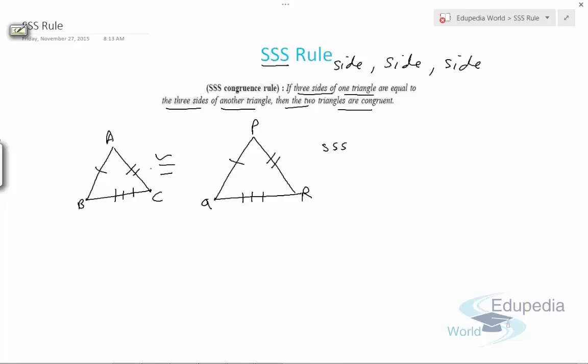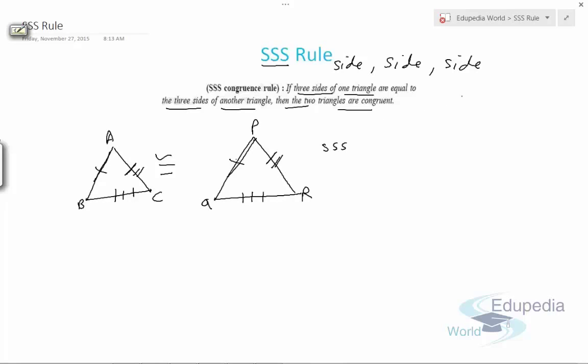The three corresponding sides of two triangles should be equal. Let's say side AB should correspond to side PQ, and these two sides should be equal. Similarly, side AC corresponds to side PR in the triangle, so these should be equal. So this is how we can prove the SSS congruency rule.